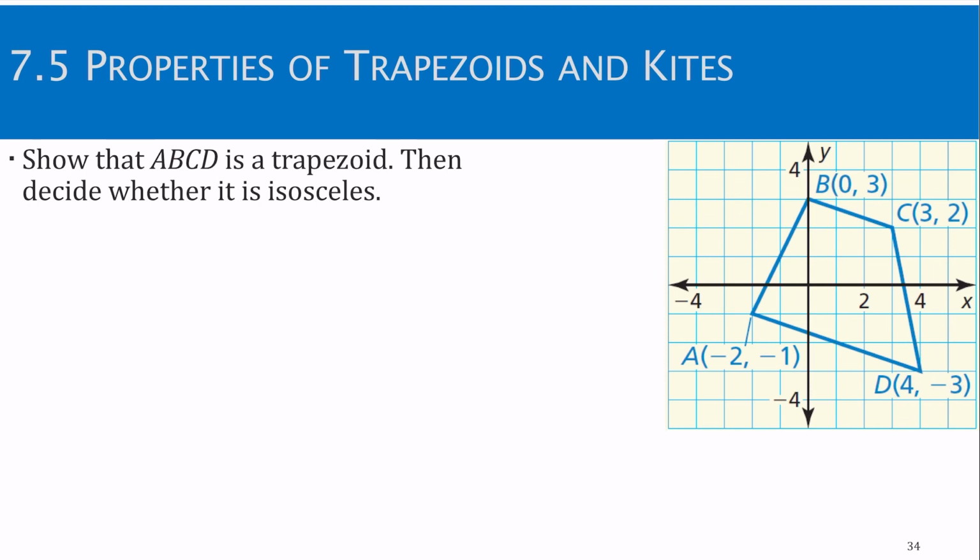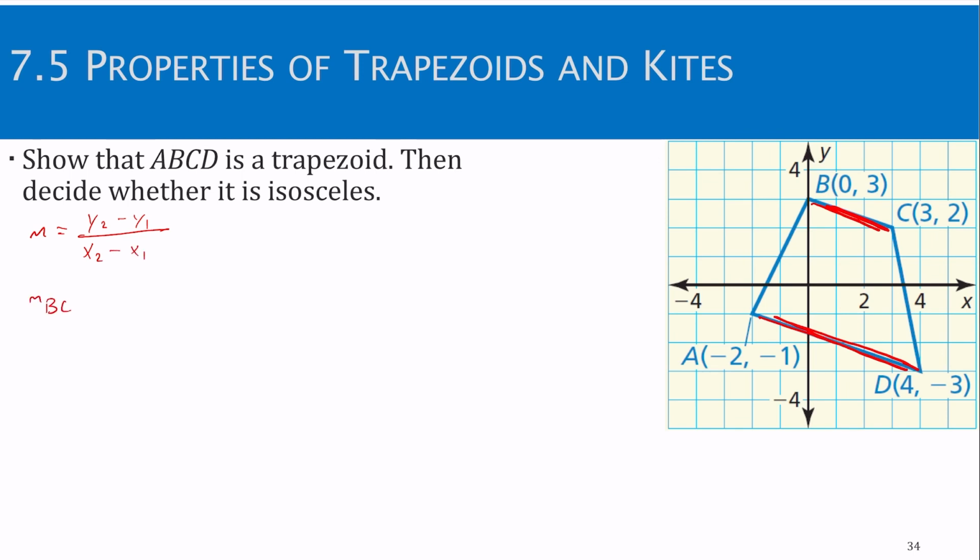Here's a graph where we're supposed to show it's a trapezoid. If it's a trapezoid, exactly one pair of sides are parallel. Well, if they're parallel, these would be the two sides. And to find out if they're parallel, we'd have to use slopes. So remember the slope formula: y2 minus y1 over x2 minus x1.